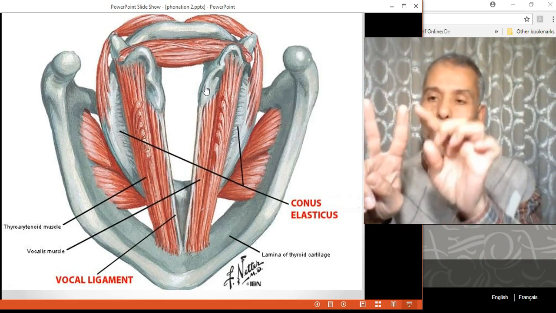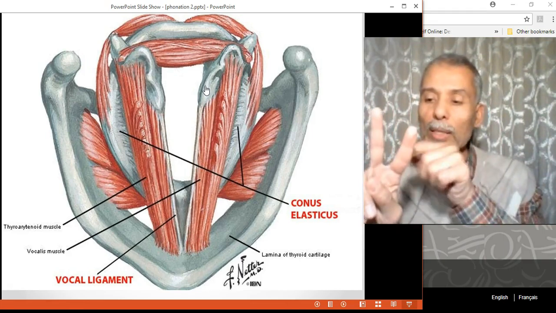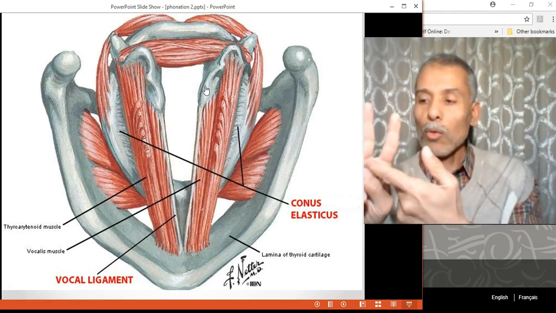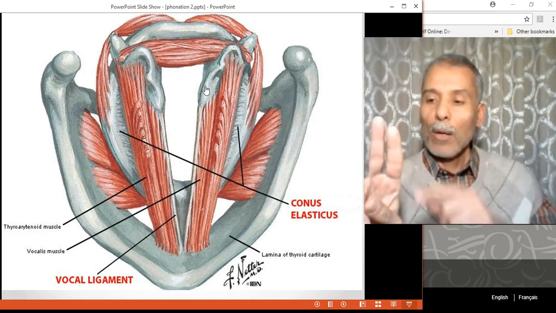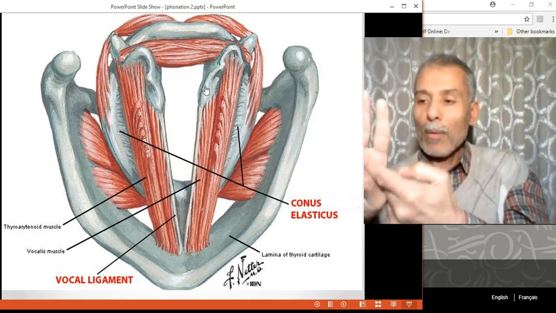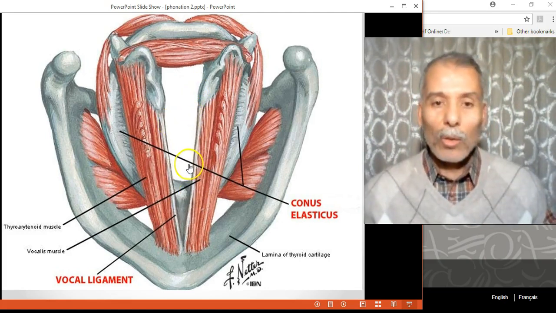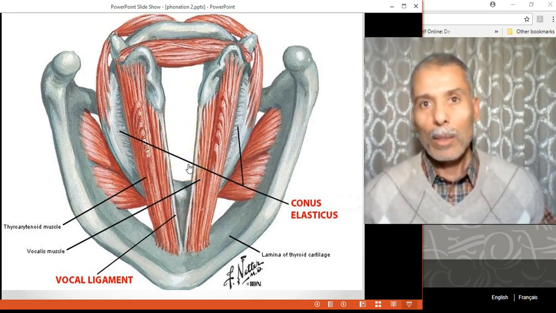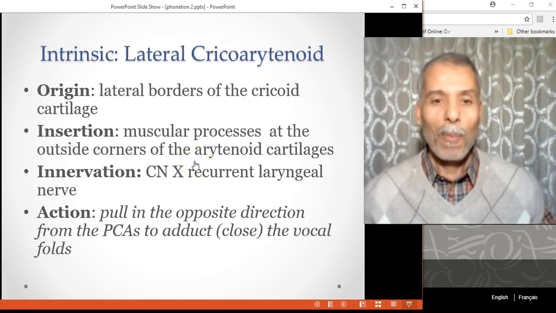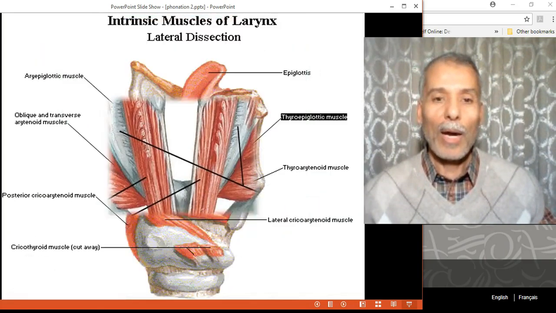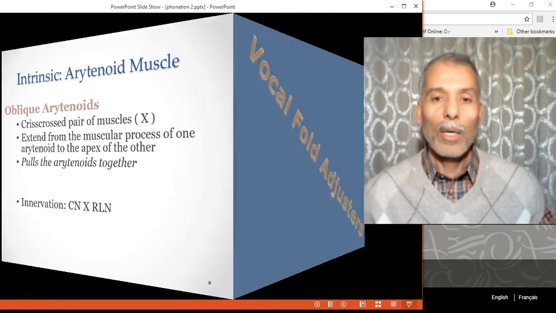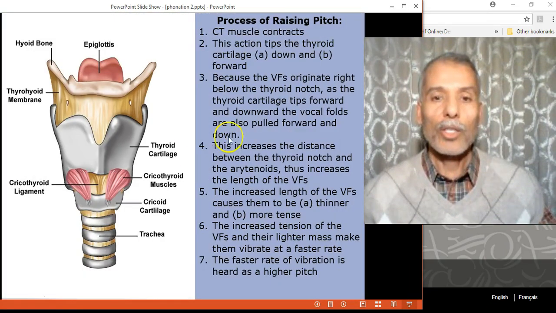That's called thyrovocalis. The one that is more inward is called thyromuscularis. Both of them are joined in the middle, laterally, all the way. So now let's go back and see how each one contributes to adjusting pitch.